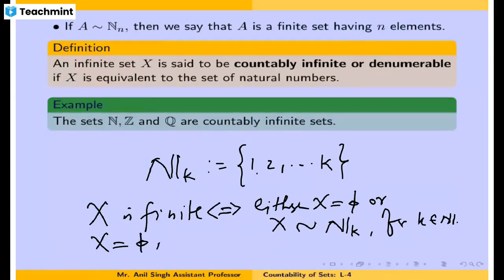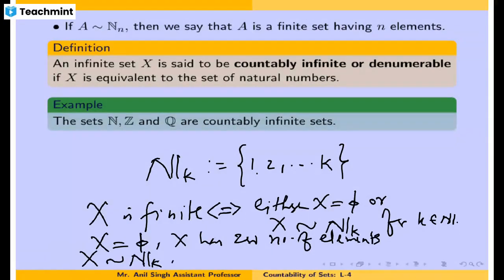And if X is equivalent to some n sub k, which is always true whenever X is a finite set, then we say that X has k elements. So this is the way we count the number of elements in a finite set, how you know how many elements the set has.